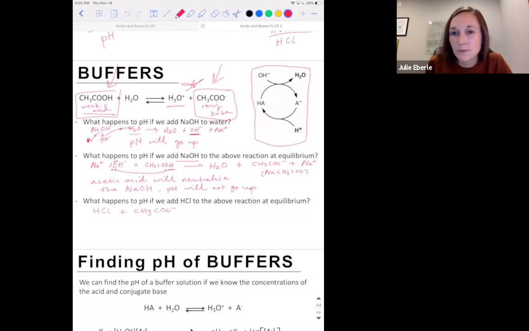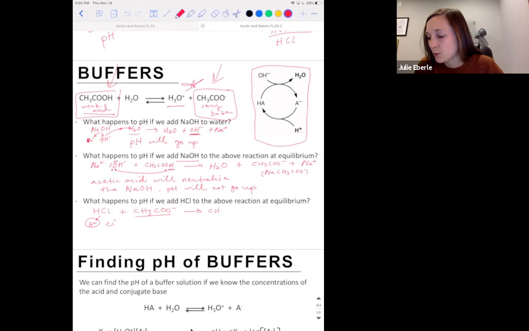CH3COO minus, because this is going to dissociate. We'll snatch up that H plus, bind to the acetate anion, and we'll make more of the weak acid. And we'll still have that chloride anion floating around.